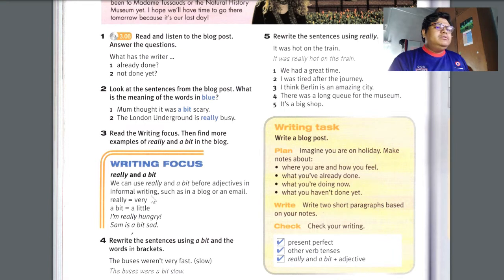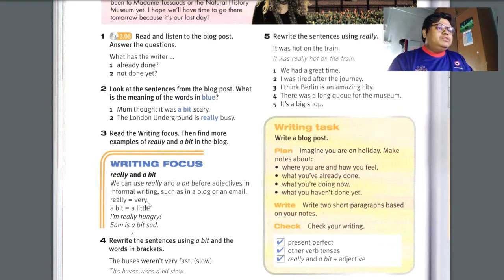Because the people who read a blog, orang-orang yang baca blog awak ni, it's not teachers, mostly normal people, outside of official business, bukan sebab urusan rasmi. So mereka baca awak punya blog. We use informal writing such as in a blog or an email. So dalam email pun kita boleh gunakan a bit dengan really.